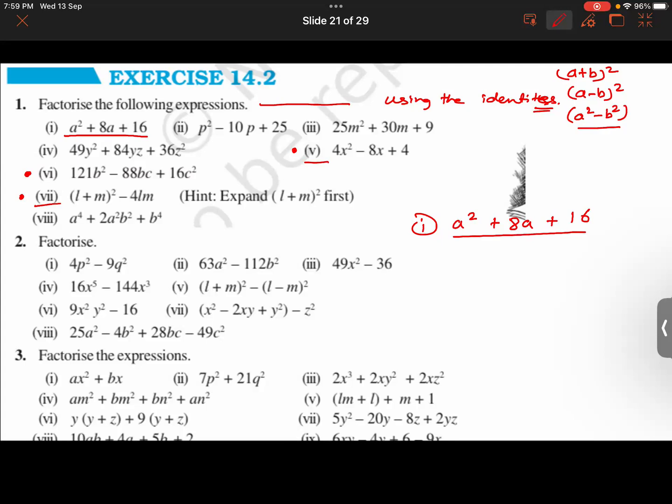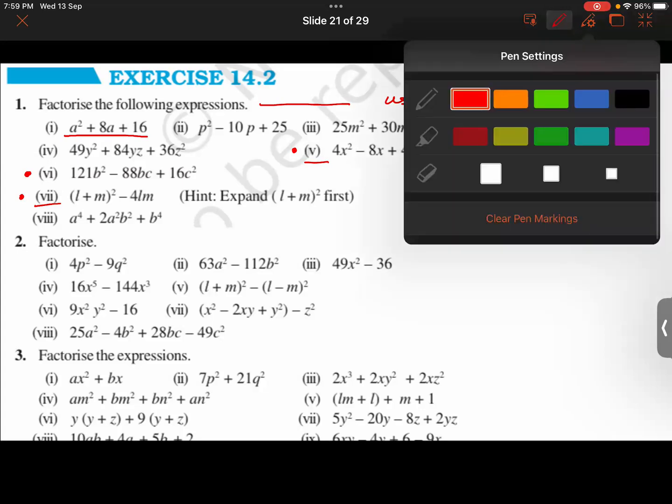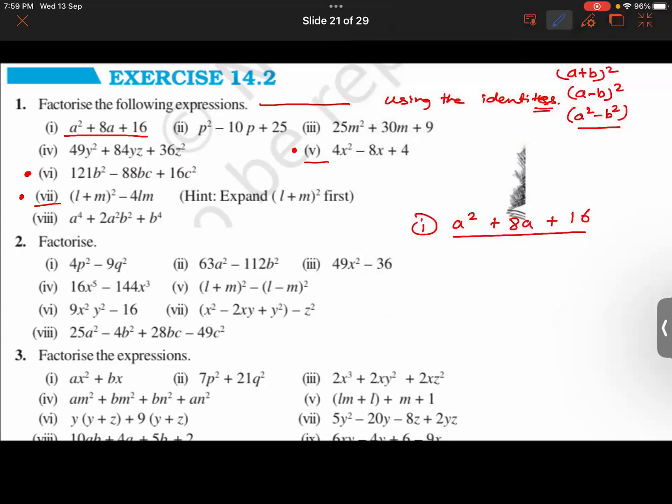So a square plus 8a plus 16. Now you see, Arham and Ahmed, isn't it of this form? Can we not write it like this also? a square plus 8a plus 4 square. Yes, sir. Further, can I not write it like this: a square plus 2 times 4 times a, and then plus 4 square.